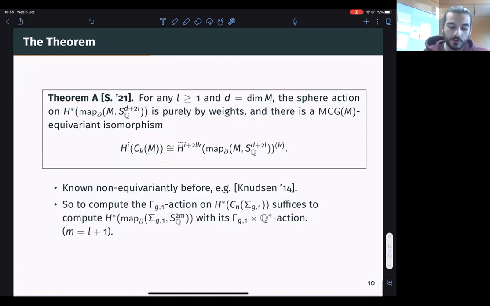Now it computes this, and not its multiplicative structure, I will emphasize, in terms of the mapping space from M to a sphere of dimension D, the dimension of the manifold, plus a positive even number. These maps must map the boundary of M to a fixed point. So that's the mapping space that we're considering. There's a shift in degree, and the homology of the kth configuration space is the weight K part of this homology.